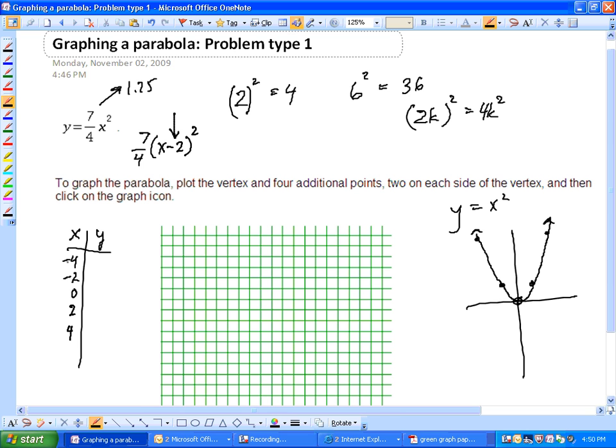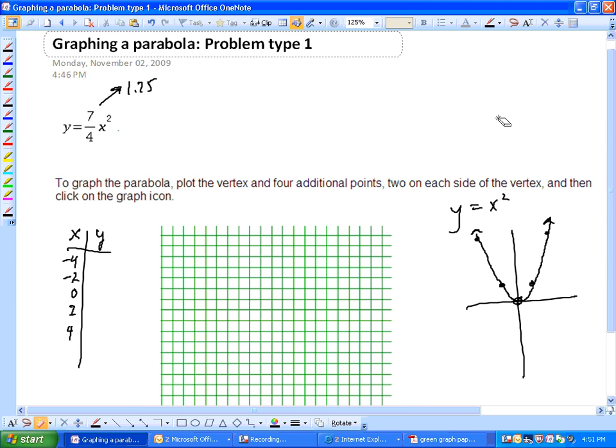So I go -4. Let me erase all these other things so we're not confused by them. -4 squared is 16. So then I'll do some scratch work over to the side here. I'll write it as f of -4, and that way we can keep track of which one we're on. 7/4 times -4 squared.